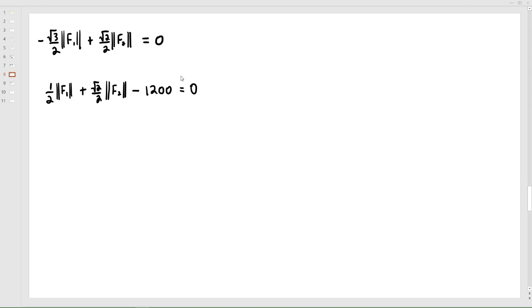Okay, so I've copied over the system here that we need to solve. It's a system in the magnitude of F1 and magnitude of F2. Just think of those as x and y, and it'd be like any other system. So I'm going to solve this one for F2's magnitude. So I will add the square root of 3 over 2 times the magnitude of F1 on both sides. So it goes way over here, and we're going to put it over here. So we're going to get square root of 2 over 2 times the magnitude of F2 equal to positive square root of 3 over 2 times the magnitude of F1.